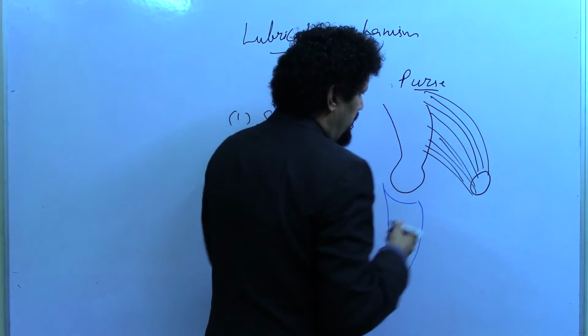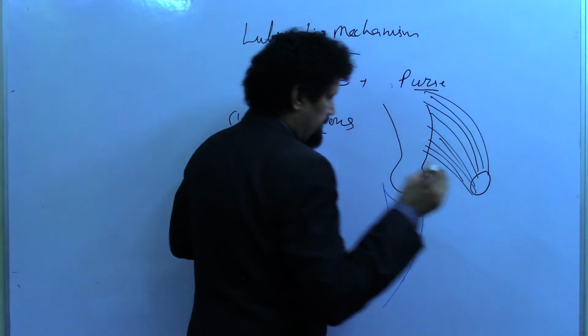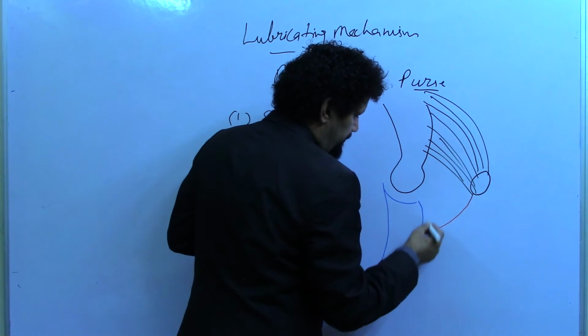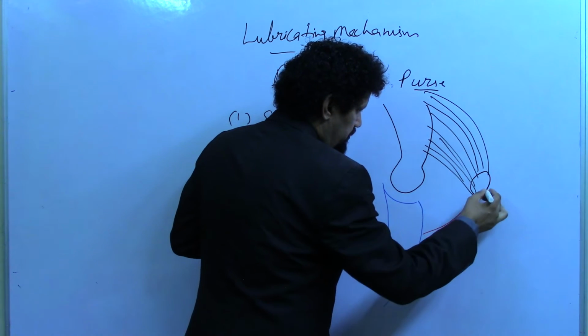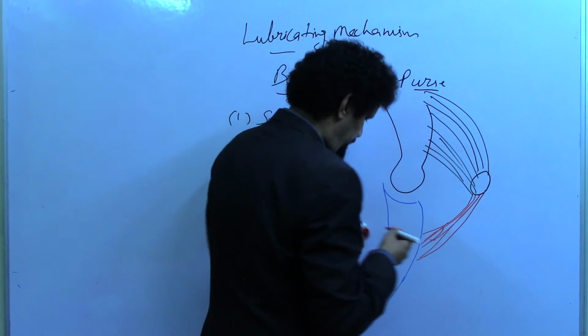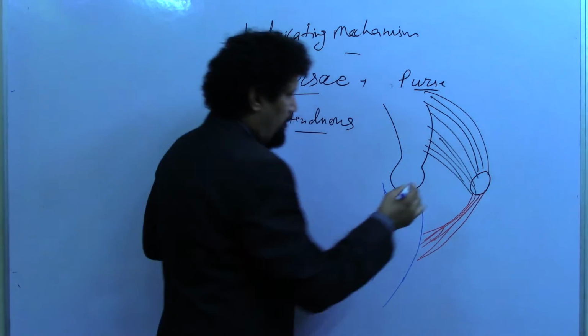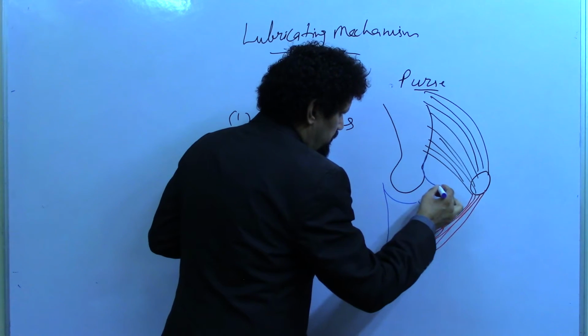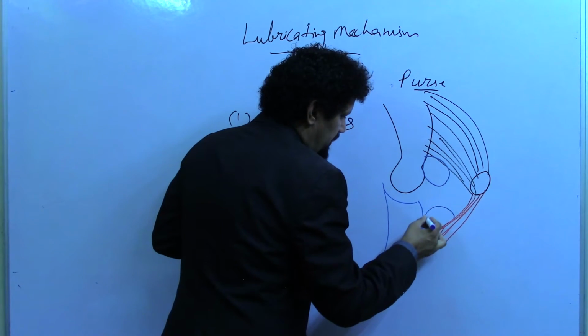This is the fleshy part of the quadriceps muscle, and here is the tendon of quadriceps. A bursa is formed here, and a bursa is formed here.